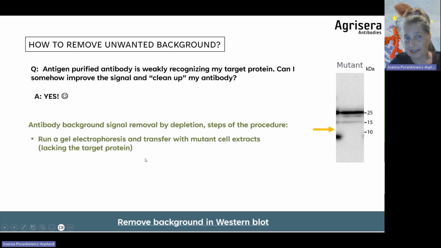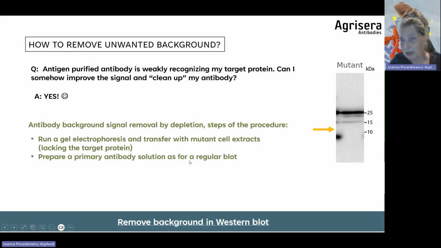What we do is that we run gel electrophoresis and transfer, but we are using the mutant cell extract, lacking the target protein, so a knockout. And we are incubating the primary antibody solution with such a membrane strip.